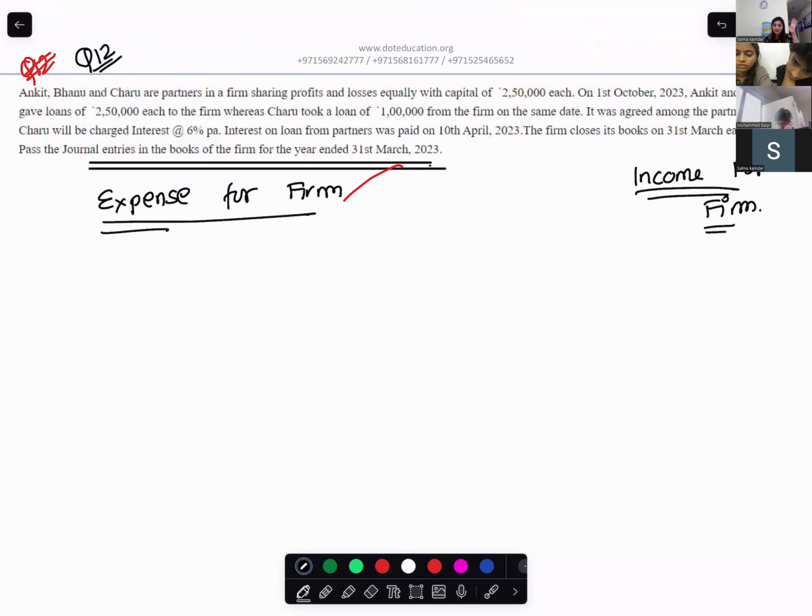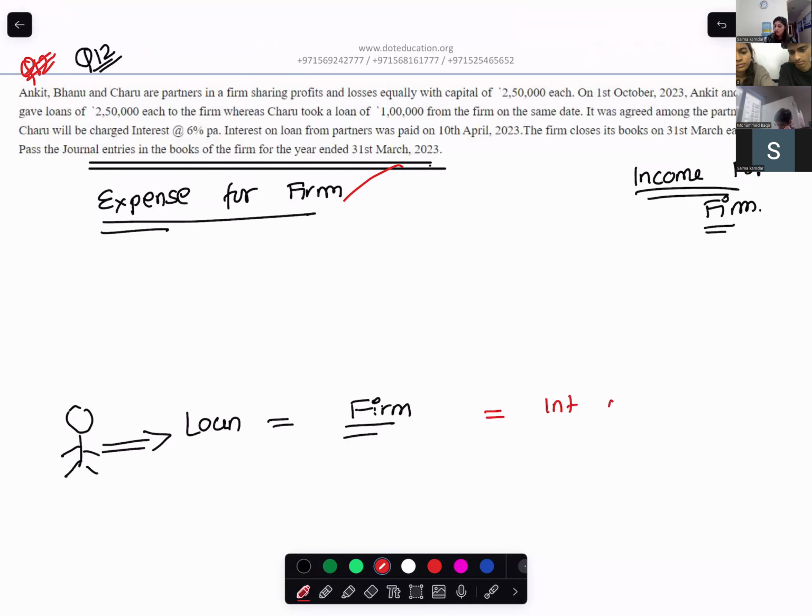Understand, I have a partner and this partner has given a loan to the firm. If the partner has given a loan to the firm, interest on loan will become an expense for the firm. If nothing is mentioned, what is the percentage? 6%.